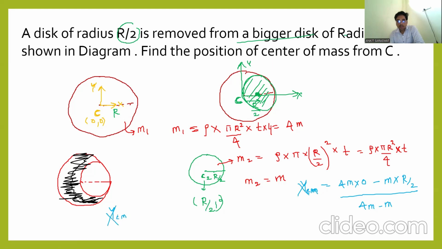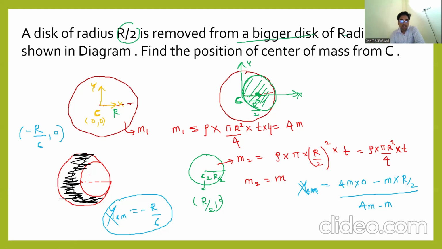XCM, sorry, it will be how much? Minus R by 3 or what? 6, I think. Minus R by 2 by 3M. So the coordinate will be minus R by 6, comma 0.